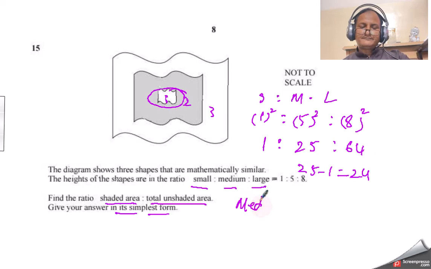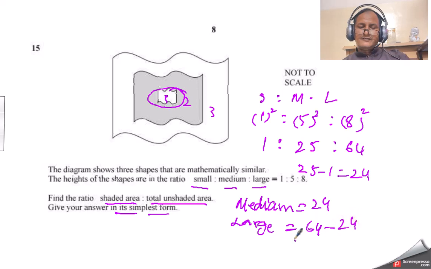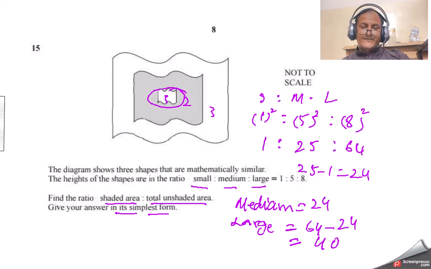24 medium, and the large, if we subtract the medium from the large, or total, we get the large area, which is 40. Now we're supposed to find this: the unshaded medium is basically shaded.